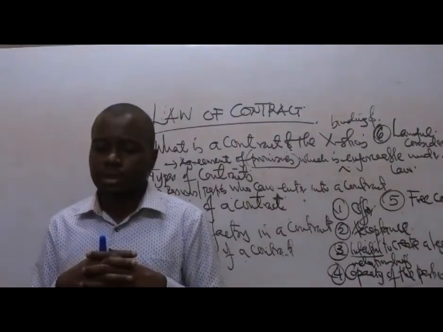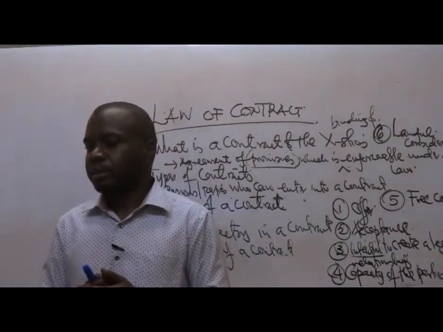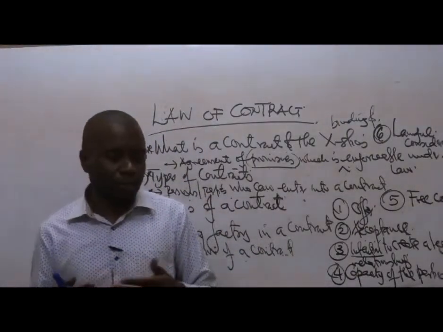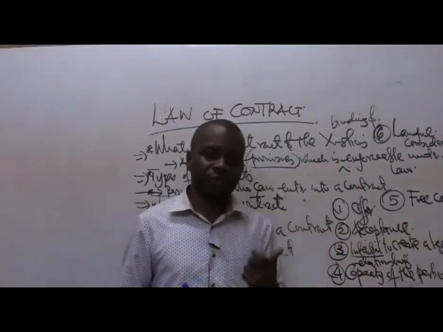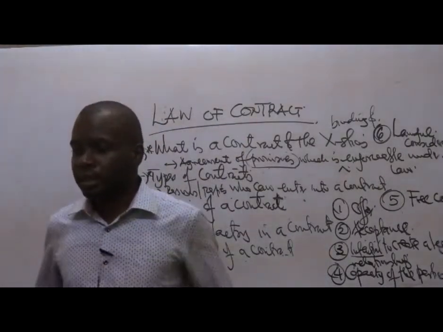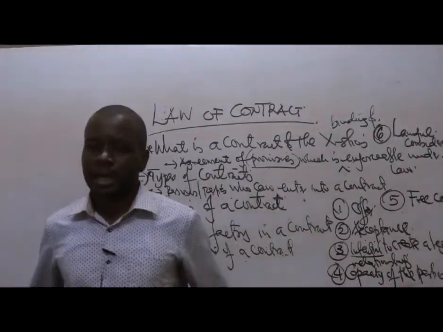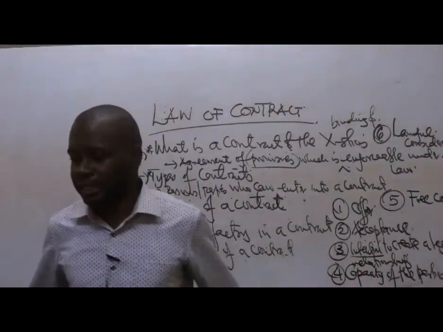If someone forces you to enter into a contract, then there will be what we call a vitiating factor. If anything arises in future, that will be looked at as not a proper contract that was entered into.